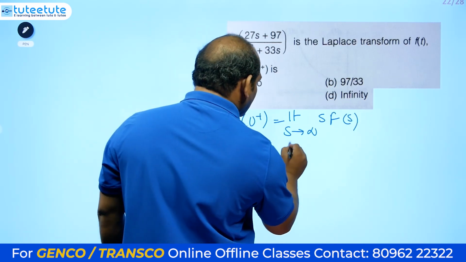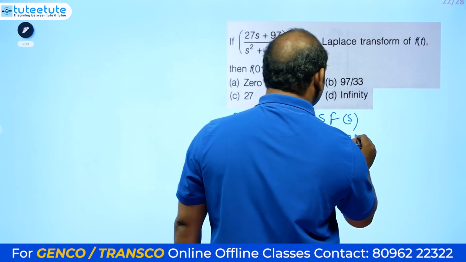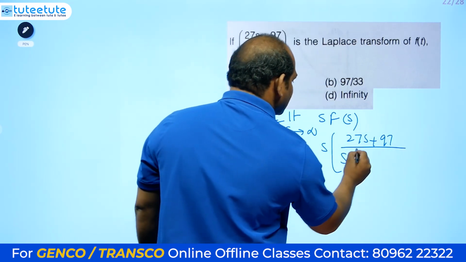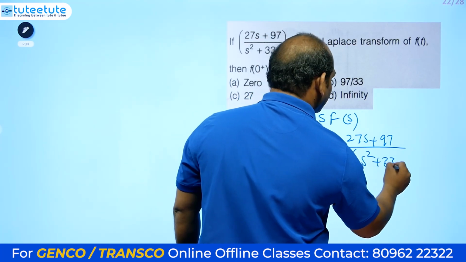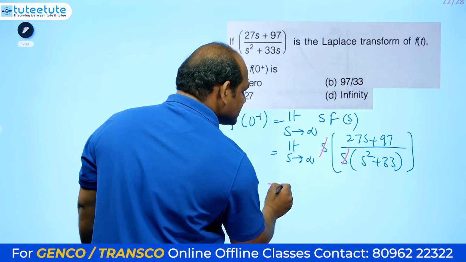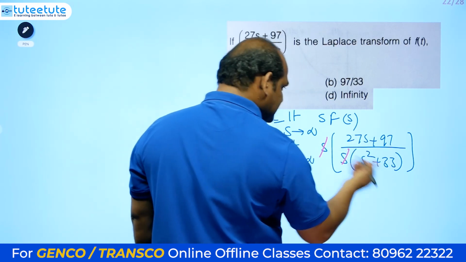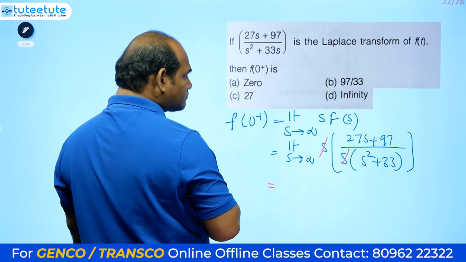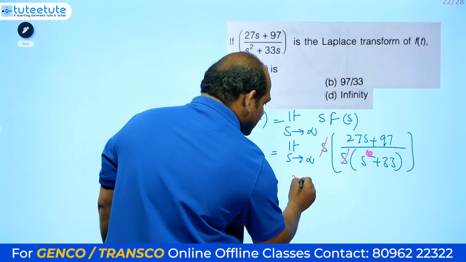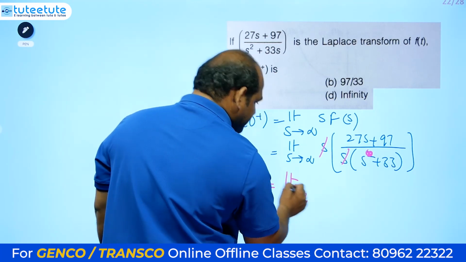So it is equal to limit s tends to infinity s into what is f of s? 27s plus 97 by, here in the denominator s is common, so s square plus 33, like this we can take. Okay, so s will be cancelled. Here you can take s common in the numerator and denominator before taking s tends to infinity.